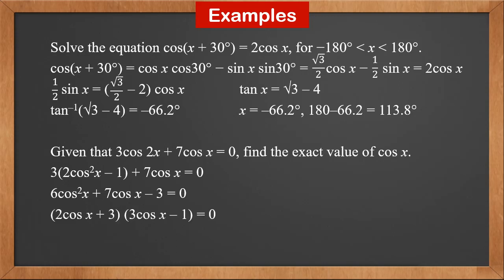Factorize it, and we get 2 cosine x plus 3 times 3 cosine x minus 1 is 0. Therefore, cosine x is minus 3 over 2 or 1/3. But minus 3 over 2 is less than minus 1, so it's ruled out. There's only one valid cosine value, which is 1/3.